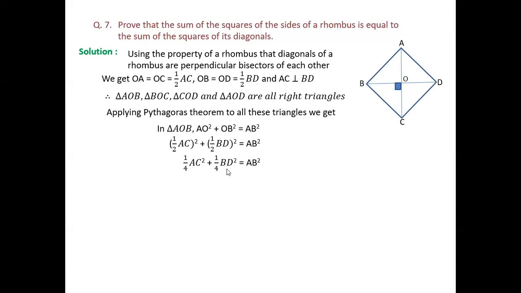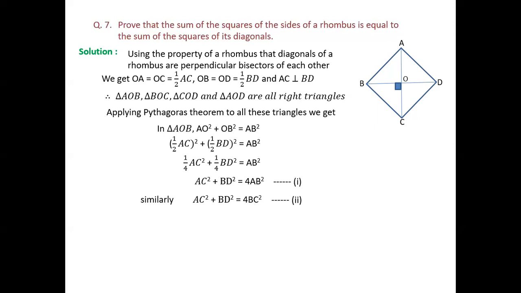LCM is 4. Take 4 common and take it to the right. It becomes AC square plus BD square is equal to 4AB square. Number this as the first equation. Similarly, if you do it for the other triangles, for triangle BOC you get AC square plus BD square is equal to 4 BC square.